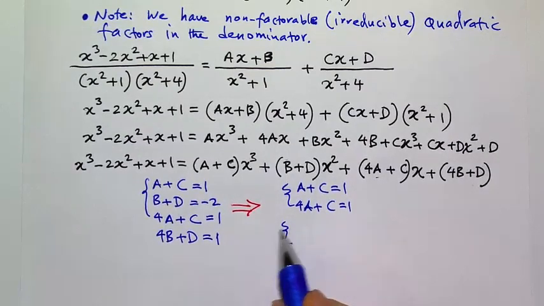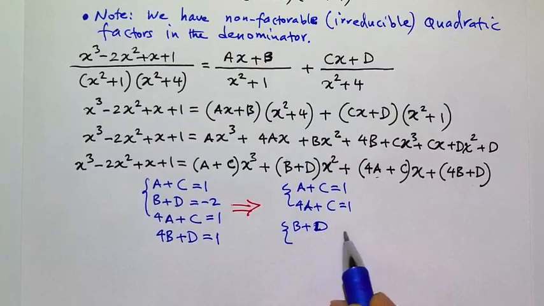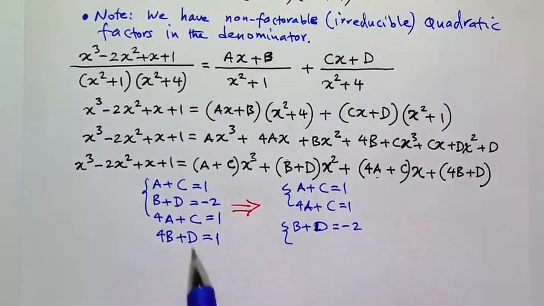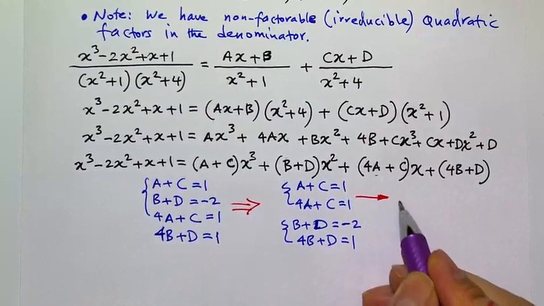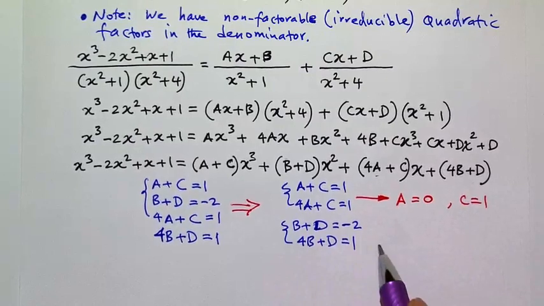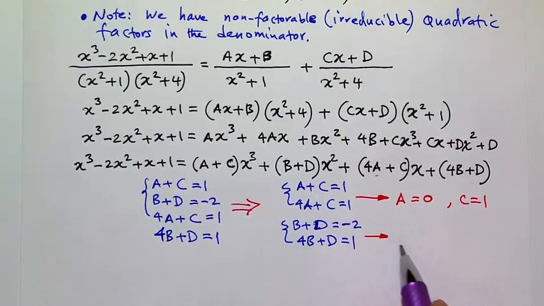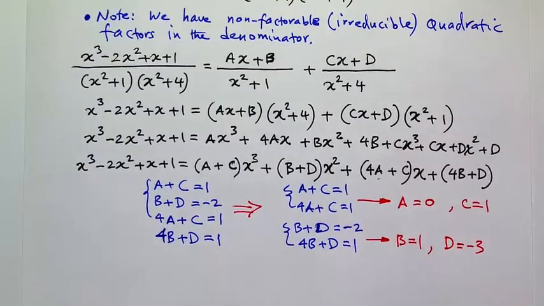So we have b plus d equals minus 2, and then 4b plus d equals 1. So if you solve each pair, we have a equals 0 and c equals 1 from this system, and we should have b equal 1 and d equals minus 3 from this system.